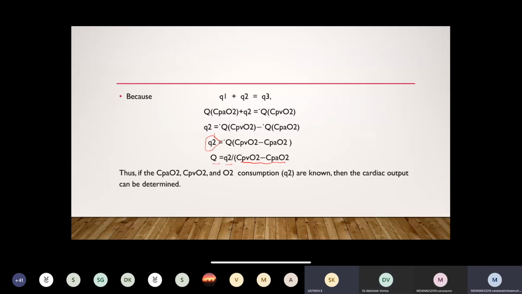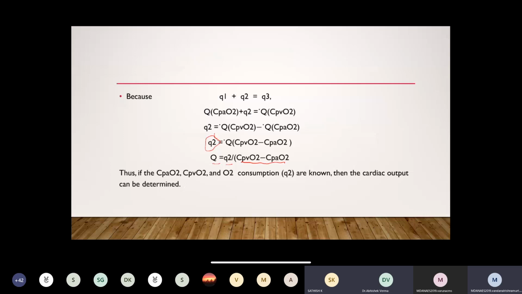Sir, by the law of conservation of mass, oxygen delivered through the pulmonary venous blood is equal to oxygen delivered to the pulmonary capillaries through pulmonary arterial blood and alveoli. So we take pulmonary arterial blood as Q1 and alveoli as Q2. Then oxygen delivered from pulmonary venous blood is Q3.